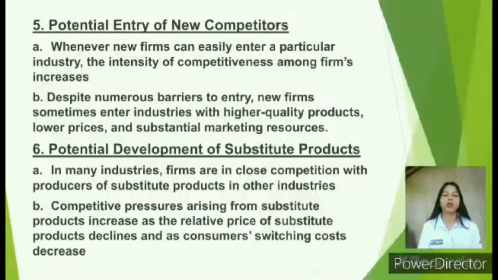So number 6 is potential development of substitute products. A. In many industries, firms are in close competition with producers of substitute products in other industries. B is competitive pressures arising from substitute products increase as the relative price of substitute products declines and the customers' switching cost decreases.